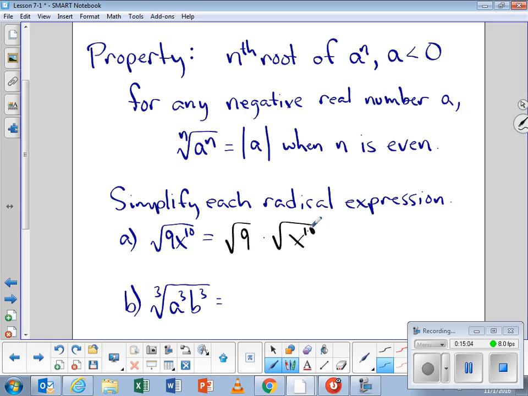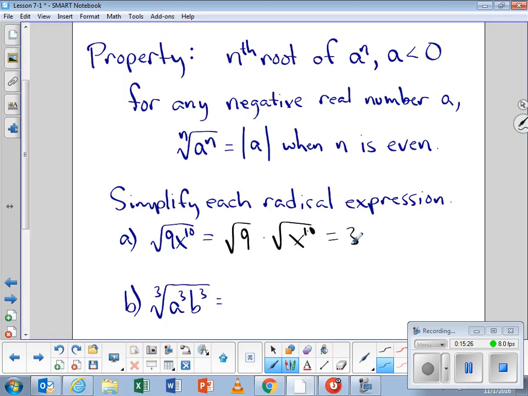What's the square root of 9? 3. Now, there's a couple ways to look at this. Okay? Anybody know what the square root of x to the 10th is? X to the 5th. It is. Exactly. That's correct. X to the 5th.